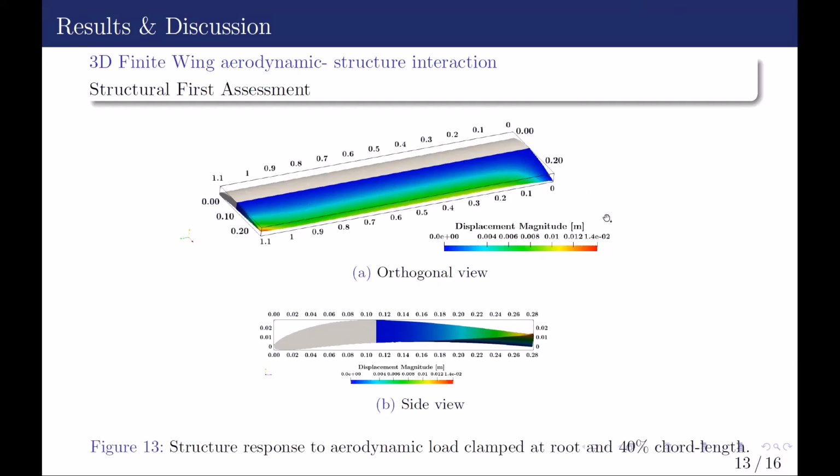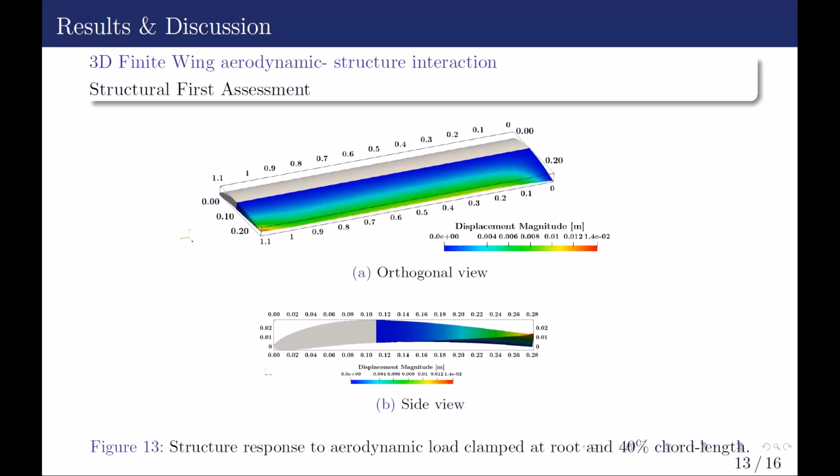The deformation you can see here is higher at the trailing edge of the tip. This work, as I mentioned, I'm trying to extend to three dimensions, and it is ongoing.